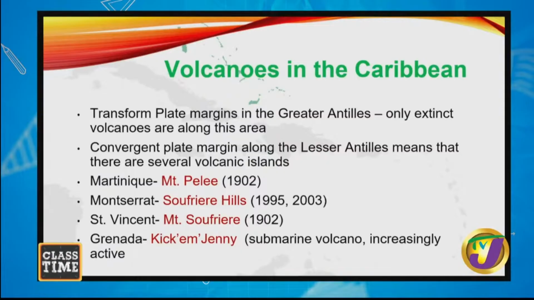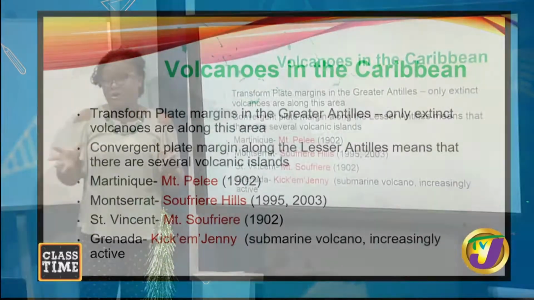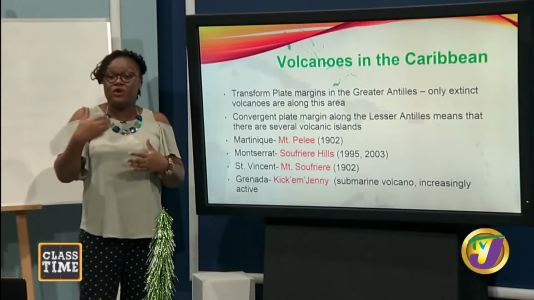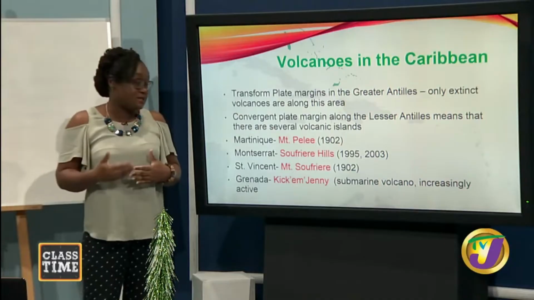Montserrat, which is very active, Sulphur Hills, erupted in 1995 and then 2003, and an entire section of the island, including the capital, Plymouth, had to be evacuated, and nobody lives there because of the activities that took place there. And that volcano is a very, very active one.